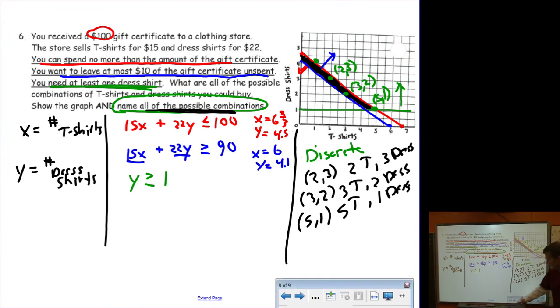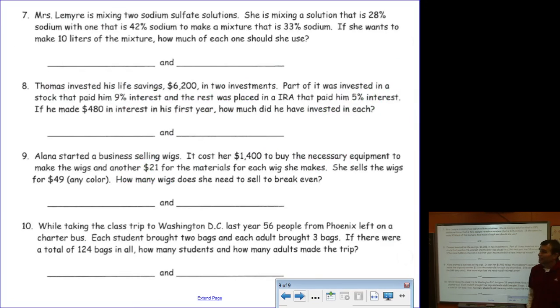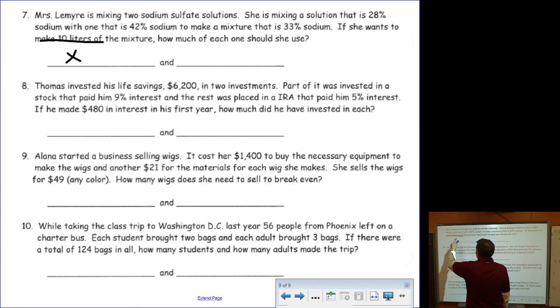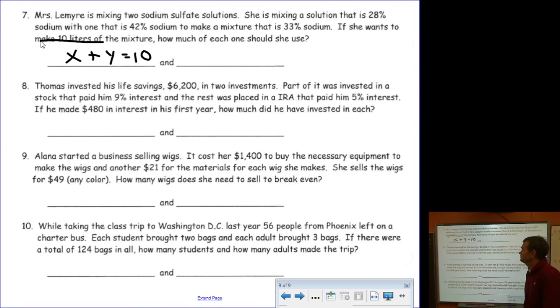All right, that takes us to the last set. This was just practice writing equations. In this first equation, it's a mixture problem. And I want to make 10 liters. So that means the first amount plus the second amount needs to add up to 10.